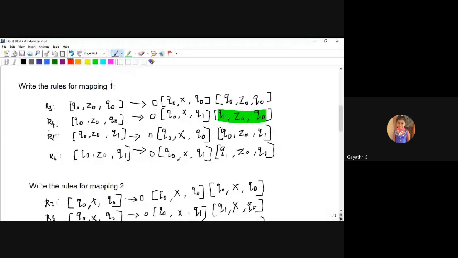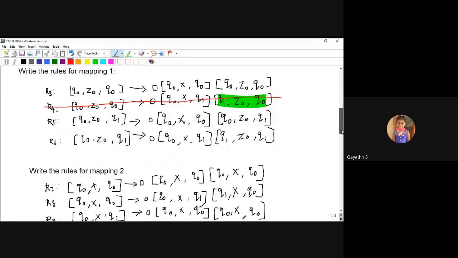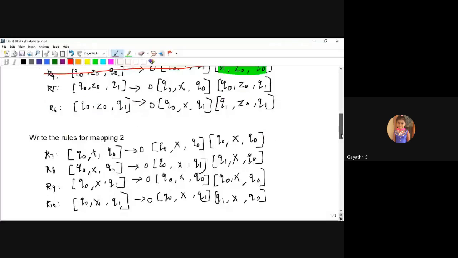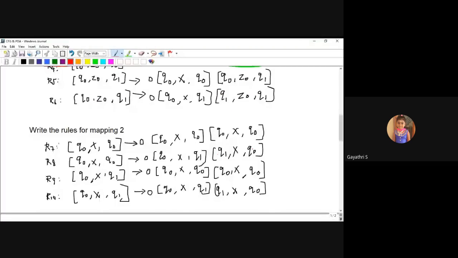So rule number 4, Q1 to Q0. Eliminate this one. Is there anything other like Q1 to Q0? See here, one more production, rule number 8, Q1 x Q0.